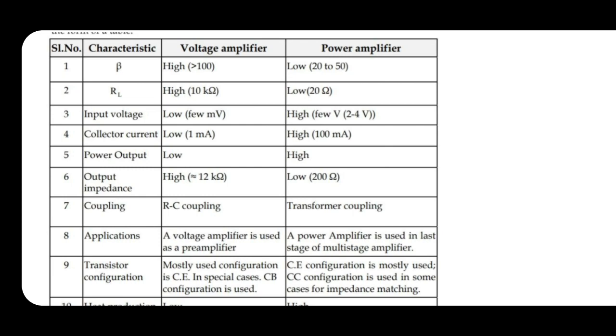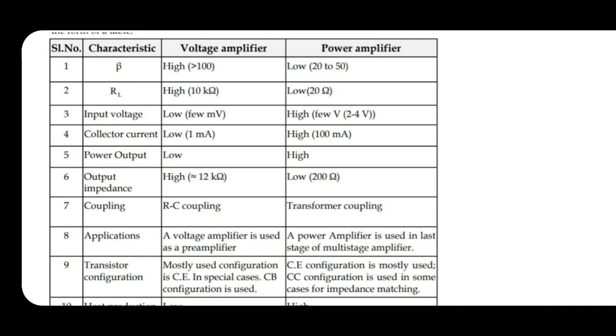The output impedance of a voltage amplifier is higher, about 10 kilo-ohms. For a power amplifier, it is 20 ohms. Input impedance is low for the voltage amplifier, high for the power amplifier.